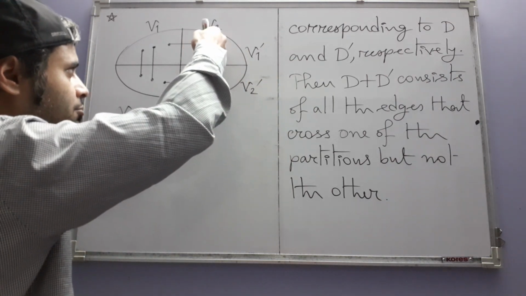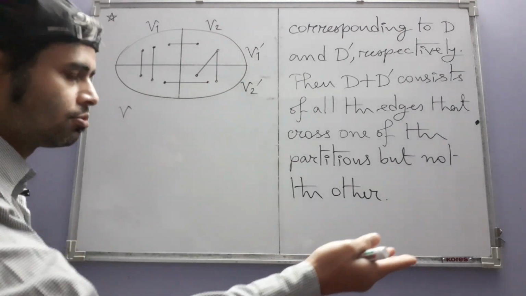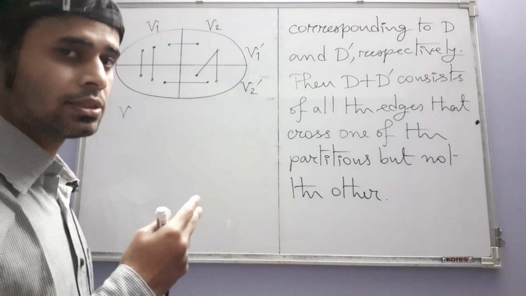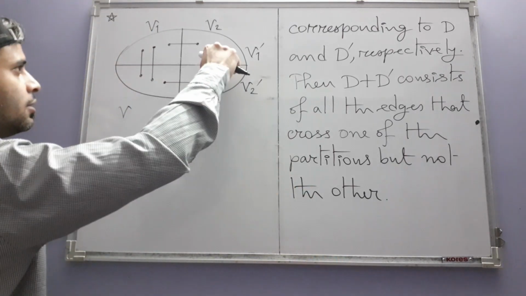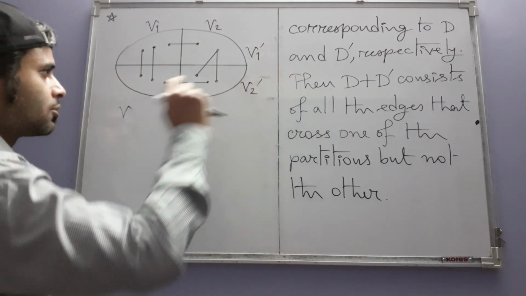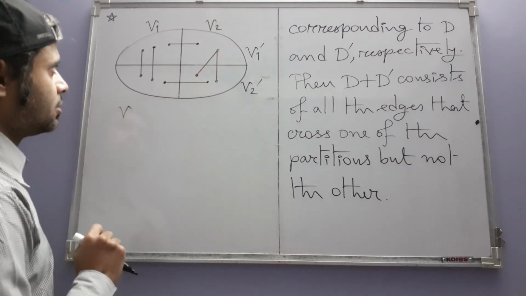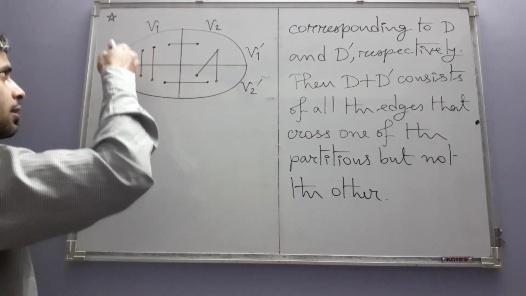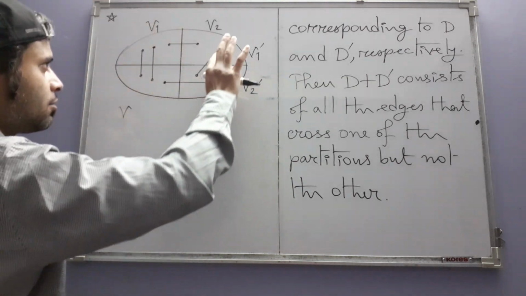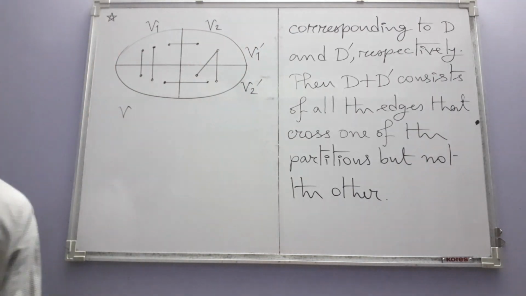They are coming from one set in the partition to the other set of the partition. That's why the edges are called crossing the partition. So each one of these four edges crosses the partition V1 prime, V2 prime, but none of them crosses the other partition because these two edges have all their ends lying in V1, whereas here all the ends are lying in V2. Okay.